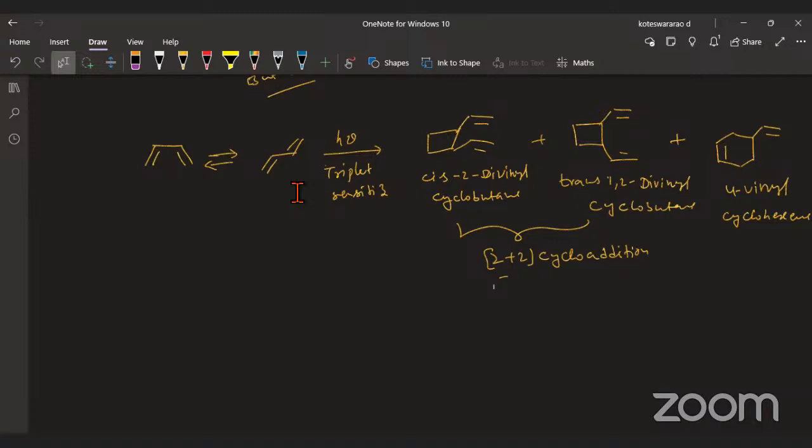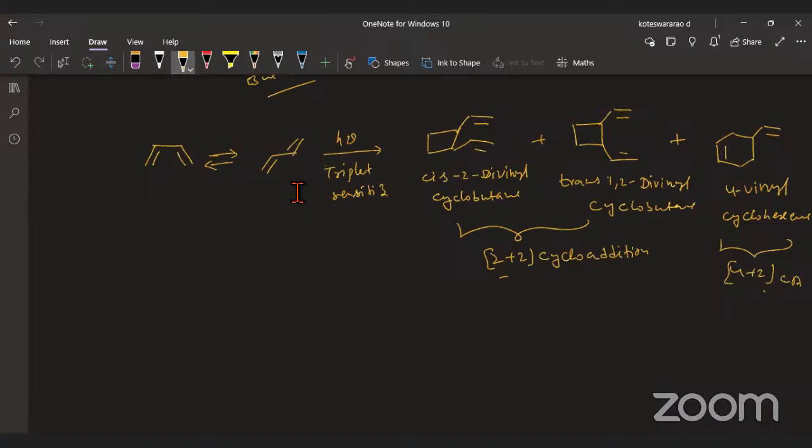The same ratio of dimers is obtained, including the product of the 4+2 cycloaddition reaction. This is responsible for 4+2 cycloaddition. These two are responsible for the 2+2 cycloaddition.